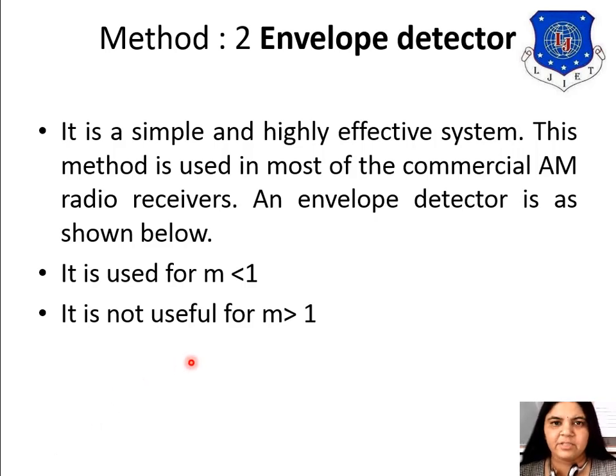The second method is the envelope detector. Now what is the envelope? In the AM wave I told you about the imaginary line, which is the envelope of the modulating signal. So the second method to get the amplitude modulated output is the envelope detector.